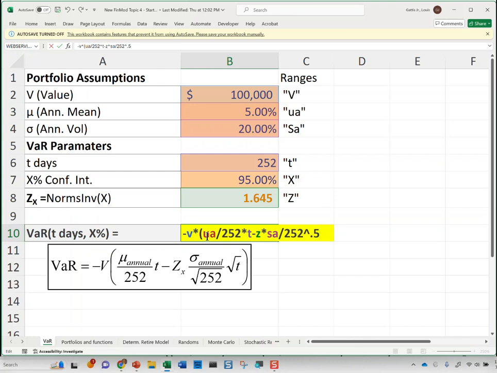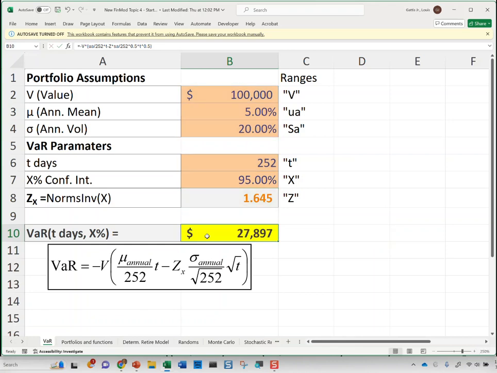That turns the annualized volatility into a daily volatility, and then I multiply that times the square root of T, and there's my $27,897, rounded up to $27,900. So this is the general formula.